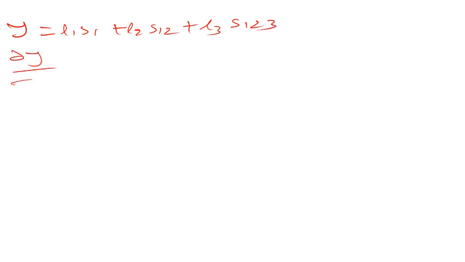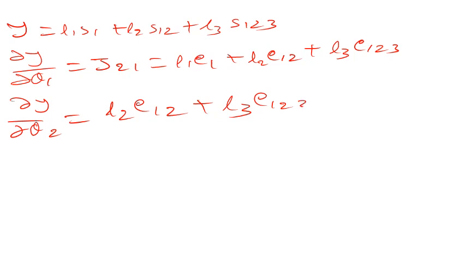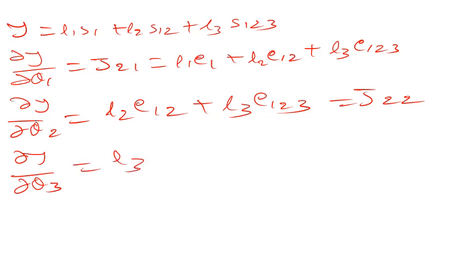So del y by del theta 1, which is J21, is L1 C1 plus L2 C12 plus L3 C123, and del y by del theta 2, which is J22, is L2 C12 plus L3 C123, and finally del y by del theta 3, which is J23, is L3 C123.